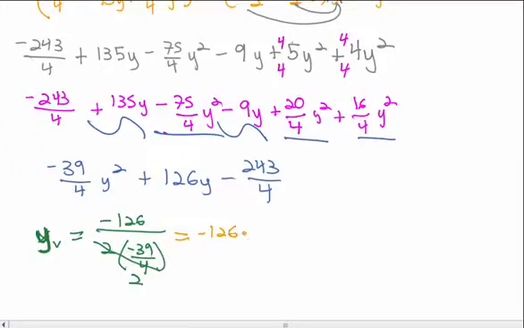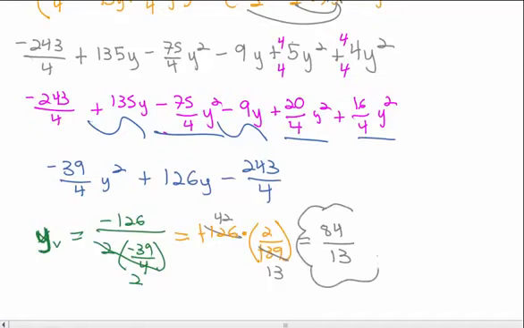So this is negative 126 times 2 over negative 39. And this is not going to reduce very well at all. A negative divided by a negative is a positive. I guess they're both divisible by 3. 126 divided by 3 is 42. 39 divided by 3 is 13. That's all we're going to get out of it. So 42 times 2 is 84 over 13. This is the y coordinate that starts to minimize.